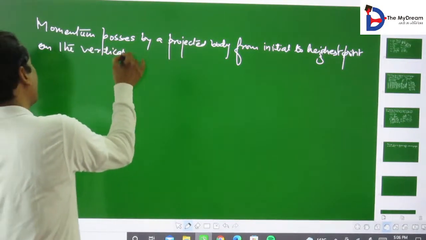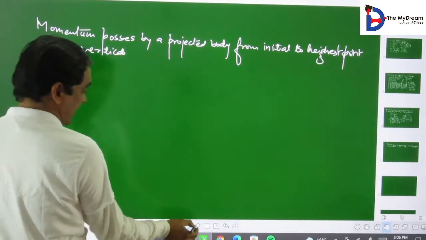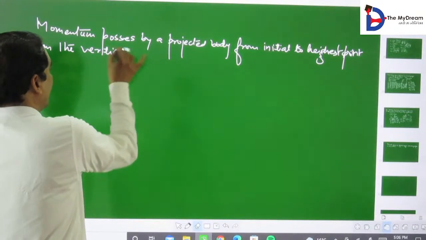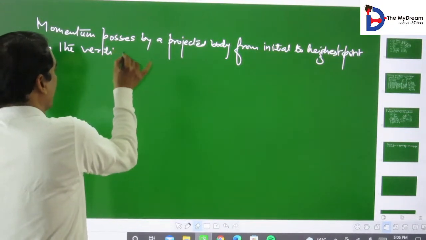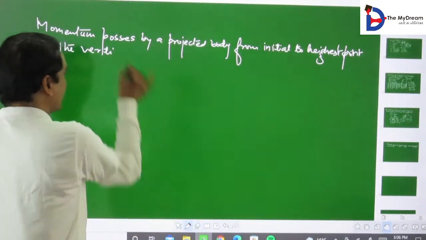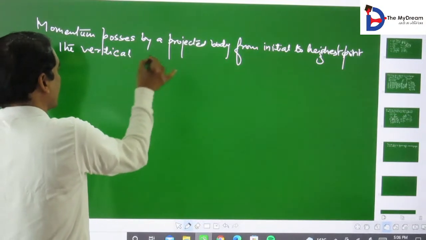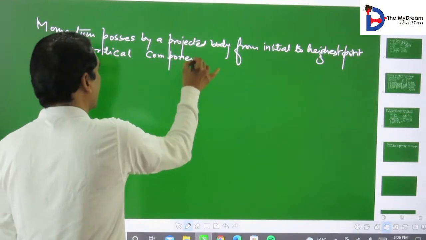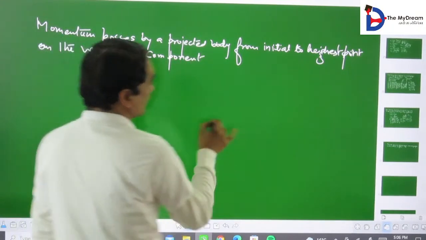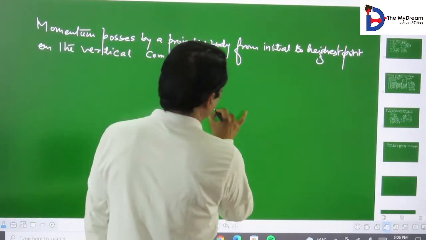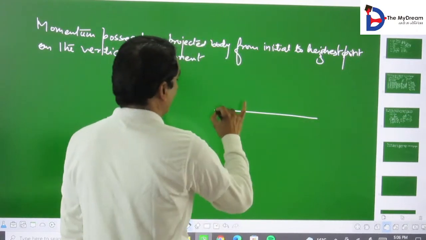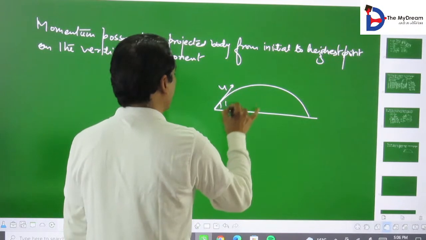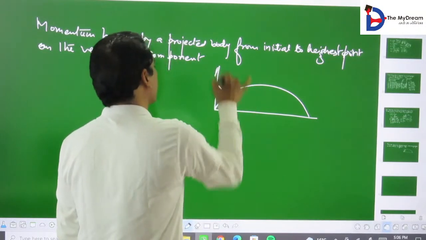Remember one thing, किस पर डिस्कस कर रहे हैं हम? वर्टिकल कंपोनेंट पर डिस्कस कर रहे हैं. So this is an object which is thrown like this, makes an angle theta.